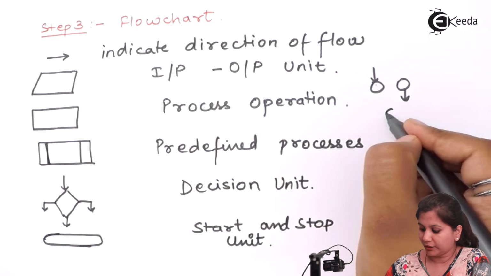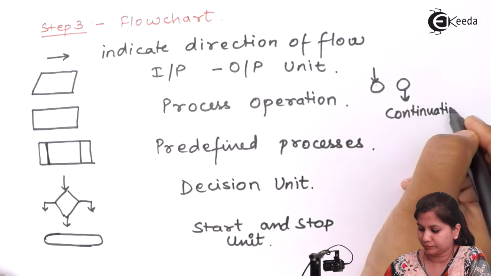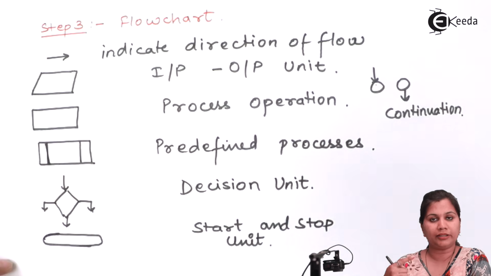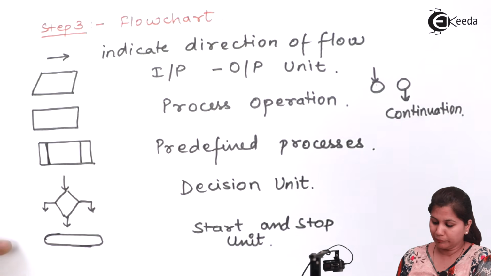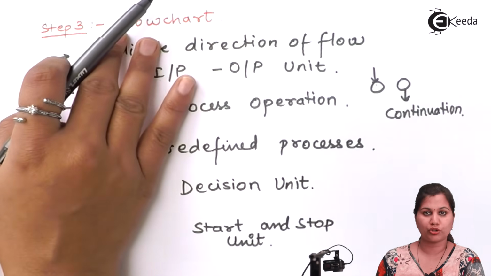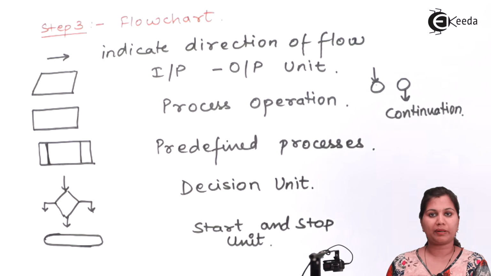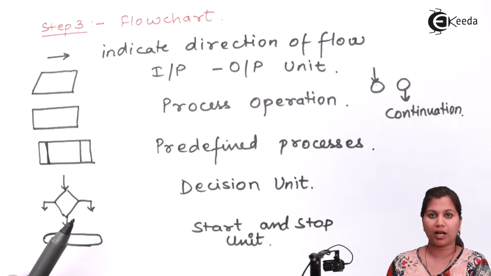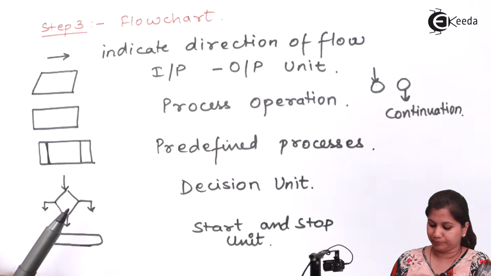This represents continuation, that continuously these steps are to be followed again and again. So these are some symbols which are used in the flowchart, and with the help of that we are doing a visual representation of the steps which are being followed or how we are solving our problem.